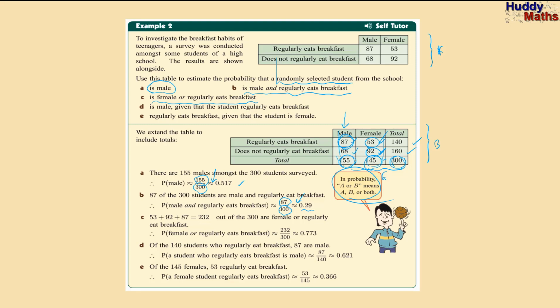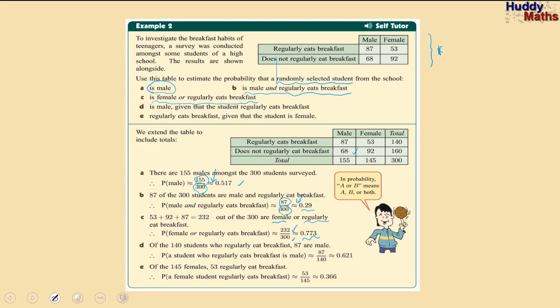Now, we want to link up these three, which satisfy the idea that they are either female or regularly eat breakfast, or both. So this mob up here are female who regularly eat breakfast. So adding all those up, we've got 232 out of 300, approximately 0.773. Okay, so we have to be careful with the wording of the question and what's going on in that table.